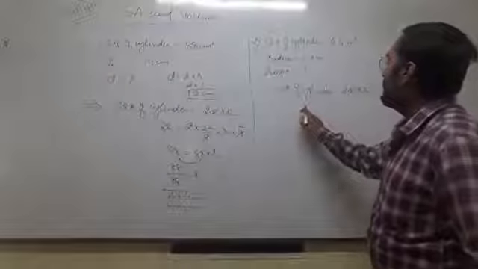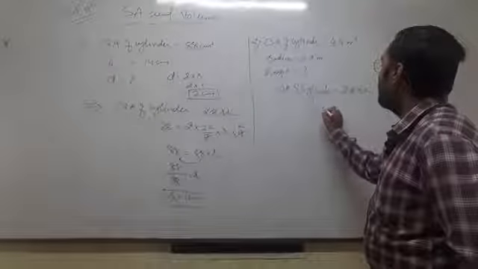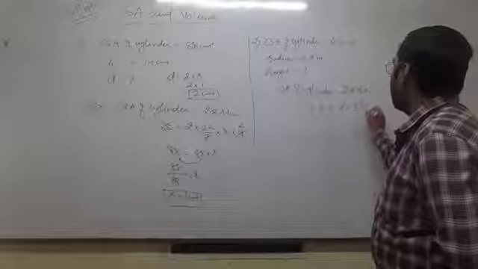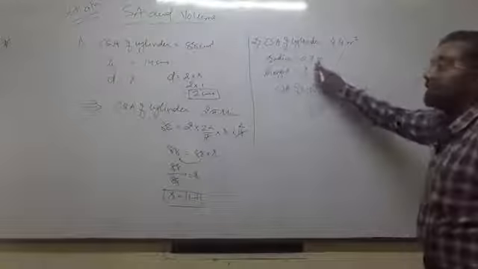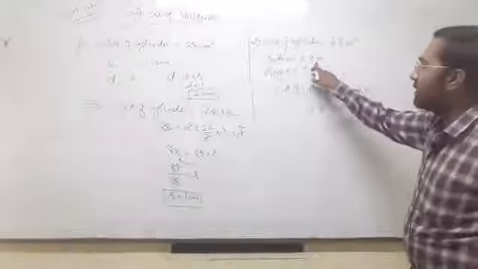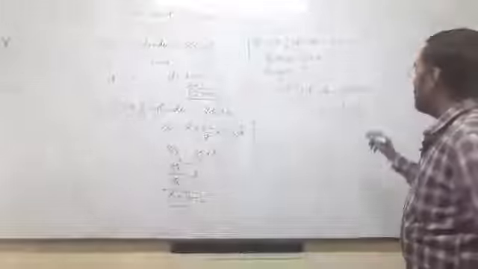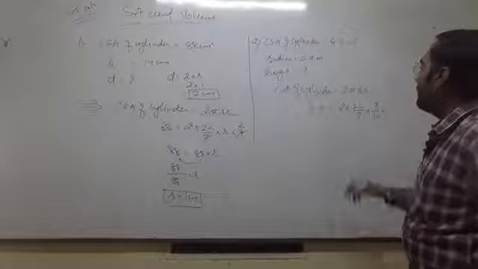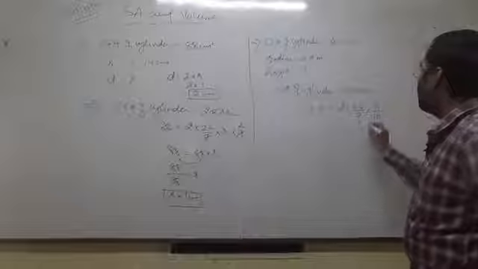Now CSA of cylinder, that is 4.4, is equal to 2, take pi as 22/7, and radius is given, that is 0.7 meter. So I will take 7/10. Okay, and now find the height of the cylinder.